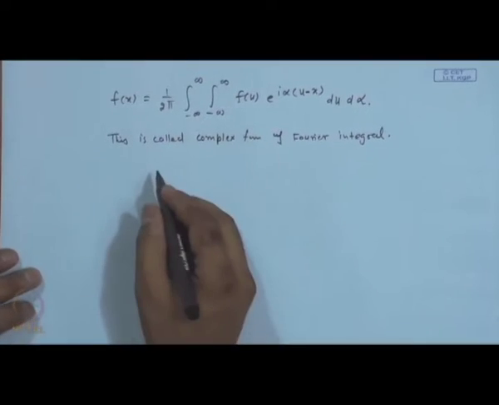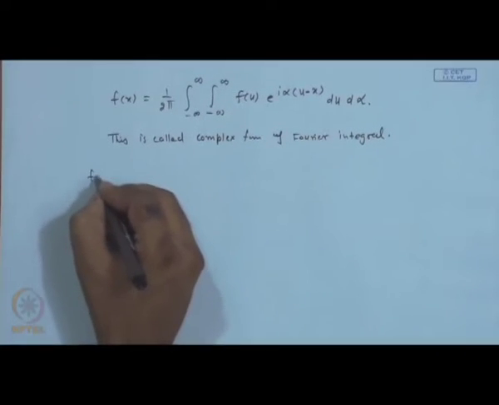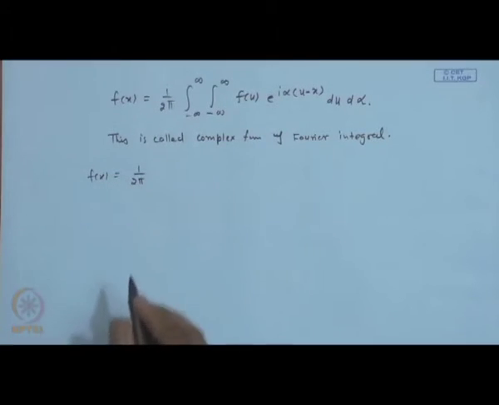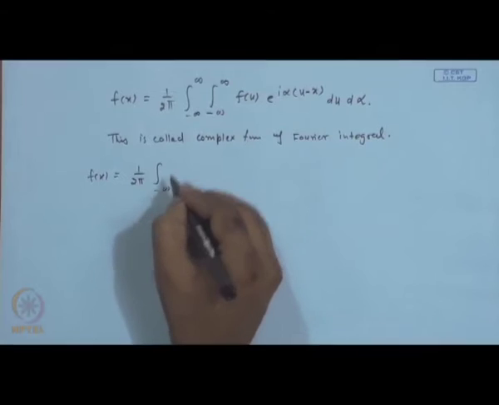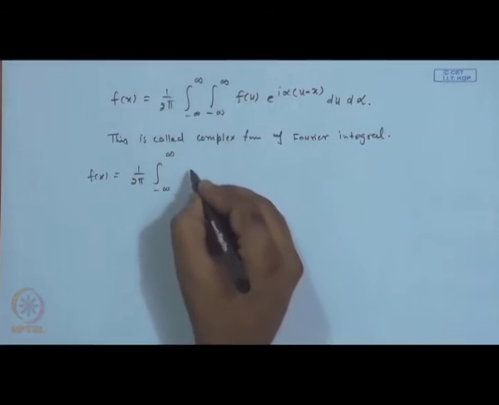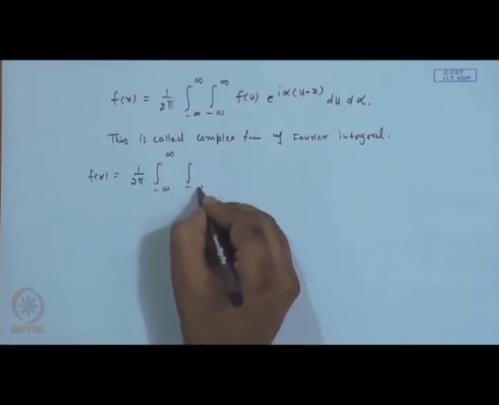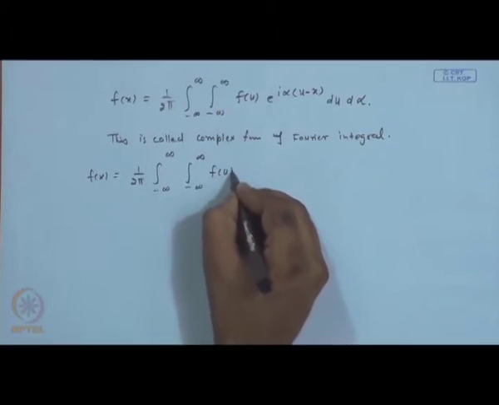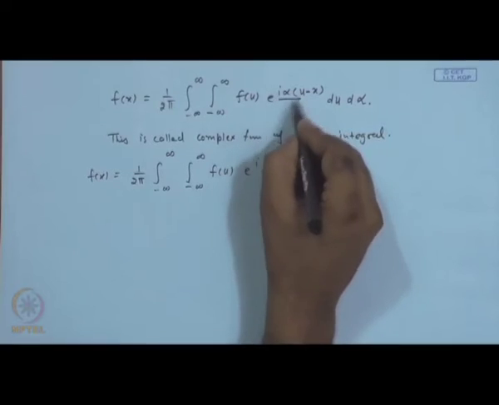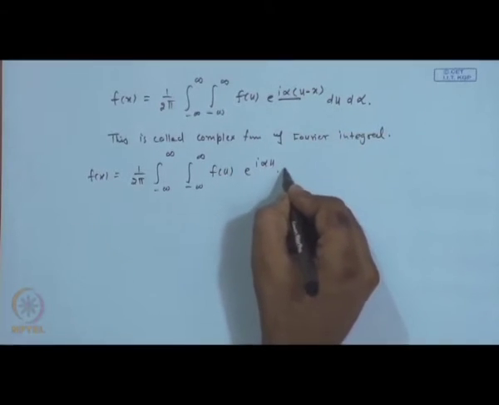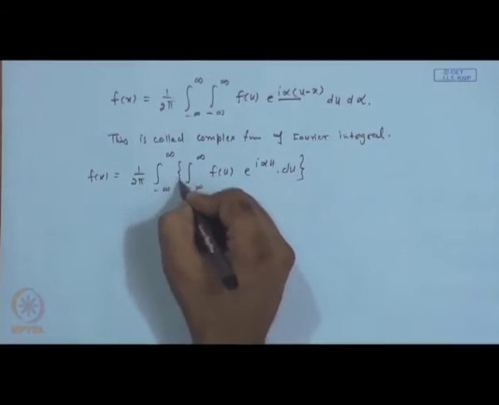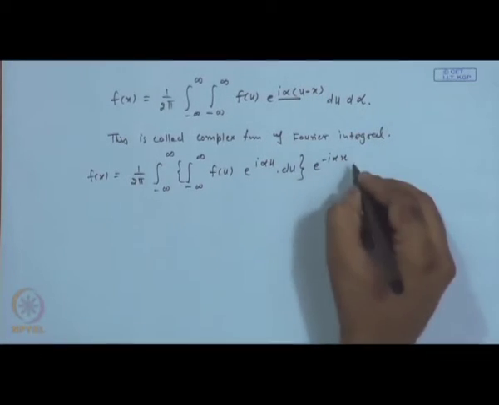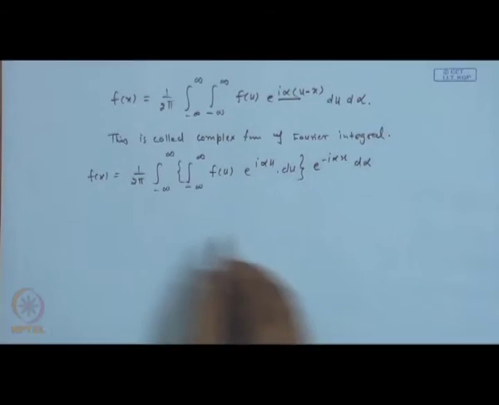So, in this complex form, we now rewrite this to define the Fourier transform and Fourier inverse transform: minus infinity to plus infinity and minus infinity to plus infinity, again f(u) e^(i alpha u) du, that is one integral, and then we have here e^(minus i alpha x) d alpha.